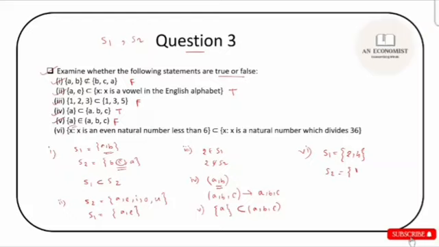So it will be 1, 2, 3, 4, 6, then 9, then 12, then 18, then 36, right? You can check all these numbers divide 36. Now 2 and 4 lie in this particular set as well. So we will say that S1 is a proper subset of S2. This statement is true. I hope this is clear.